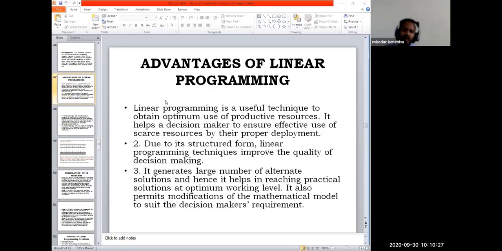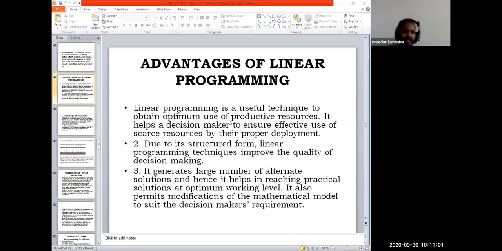So the next one is the advantages of linear programming. Linear programming is a useful technique to obtain optimal use of productive resource. ባለፈው optimum use of productive resource ብለናል.